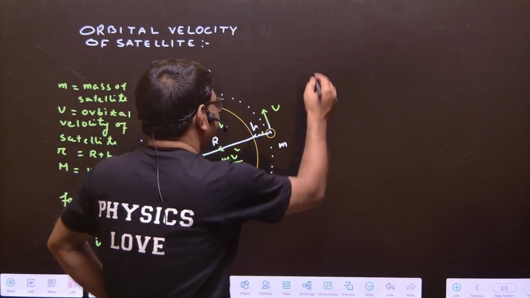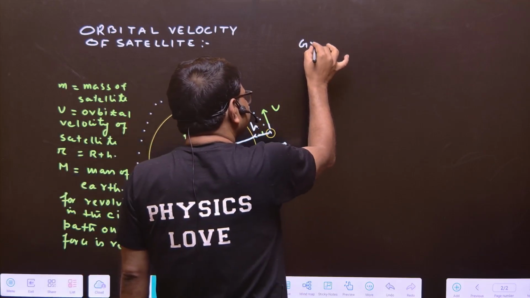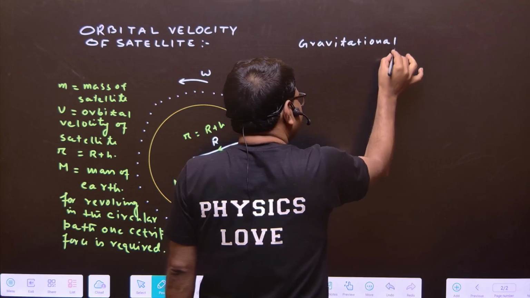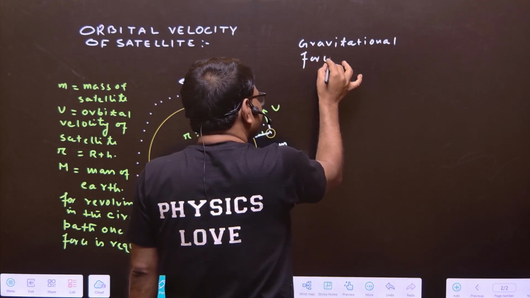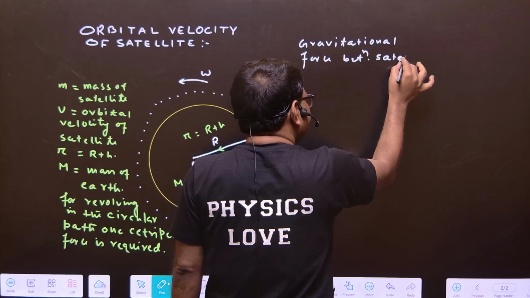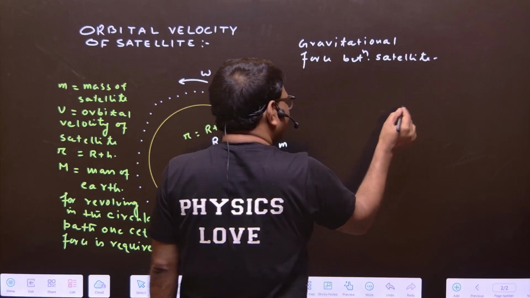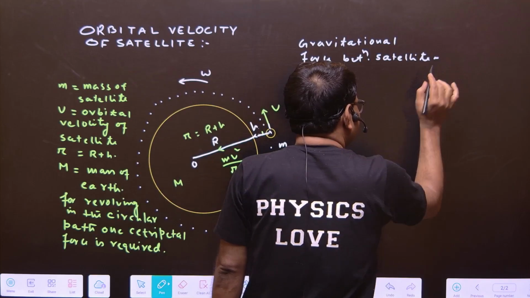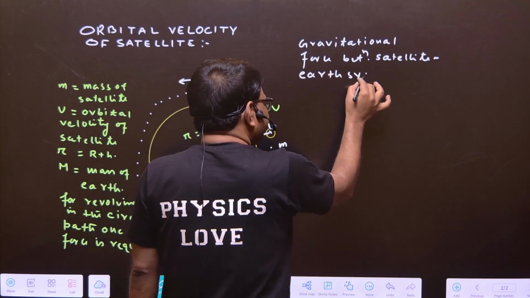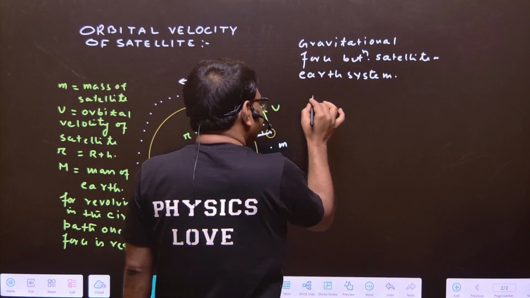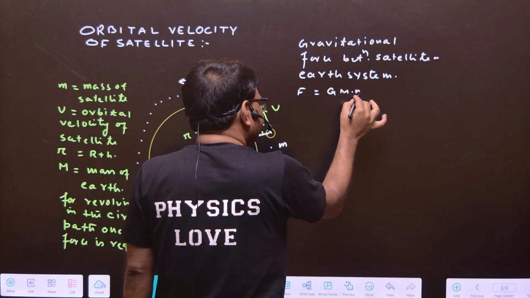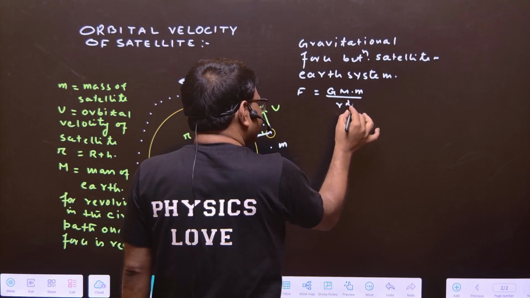Now write here: the gravitational force between the satellite and earth system is F equal to G times the mass of the earth times the mass of the satellite, divided by the distance between them squared, r square.